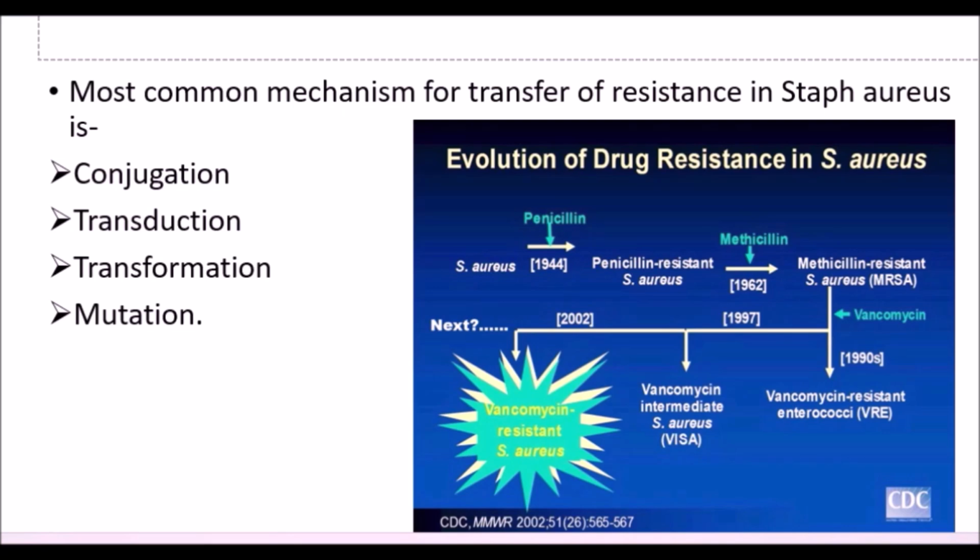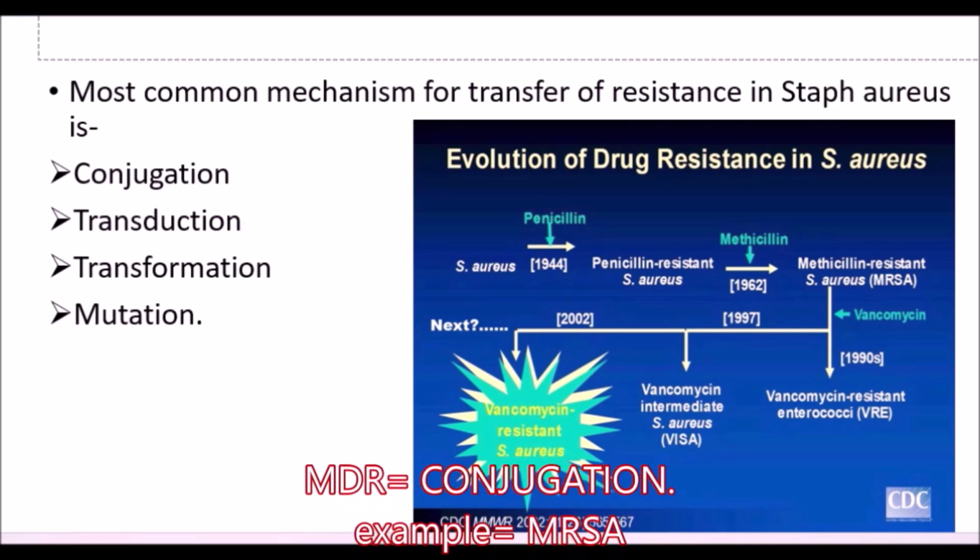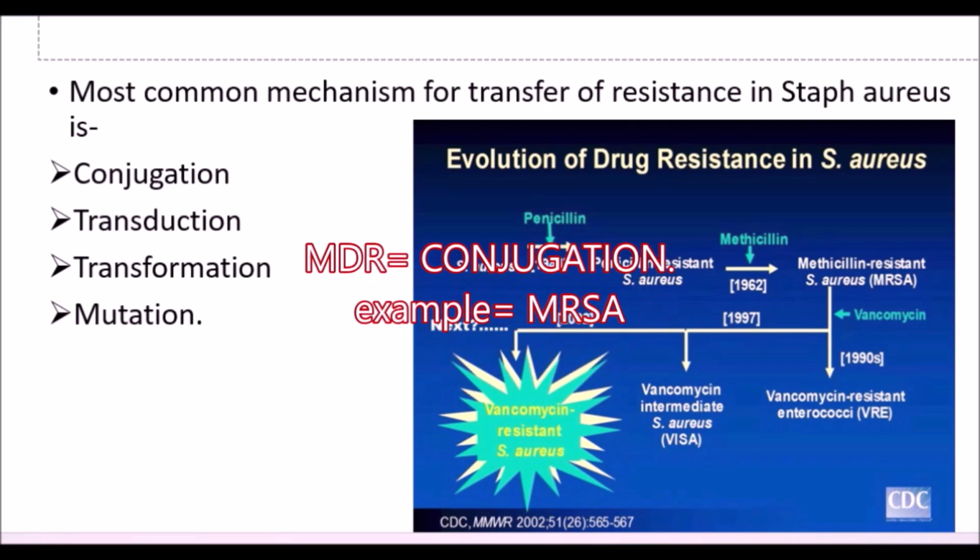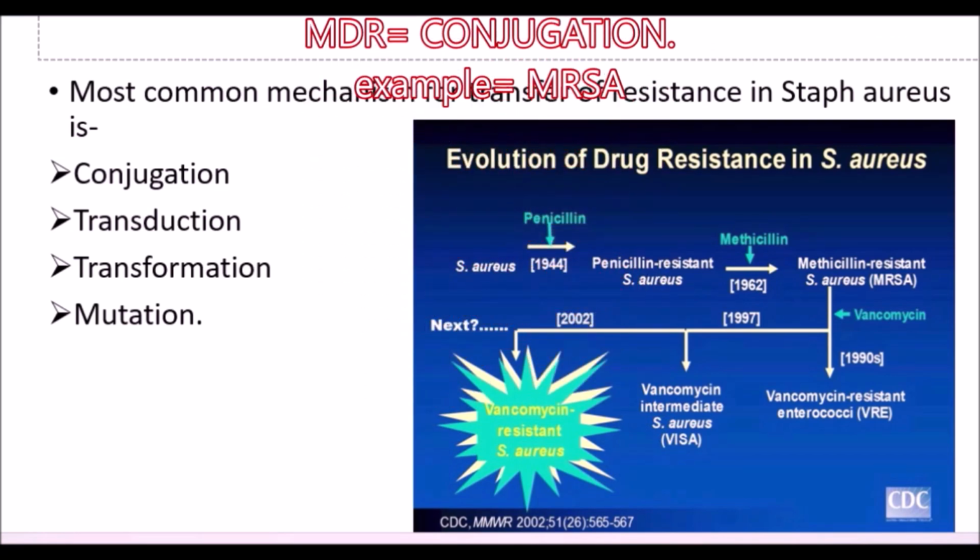Most common mechanism for transfer of resistance in Staphylococcus aureus is conjugation, transduction, transformation and mutation. So basically you have to heed that transduction is particularly important in transfer of resistance among staphylococci. So the correct answer is B, transduction. However, already we have discussed that multi-drug resistance is transferred by conjugation, for example MRSA.